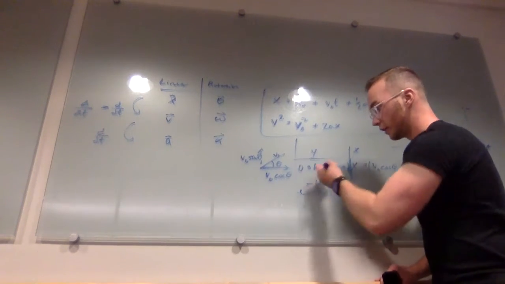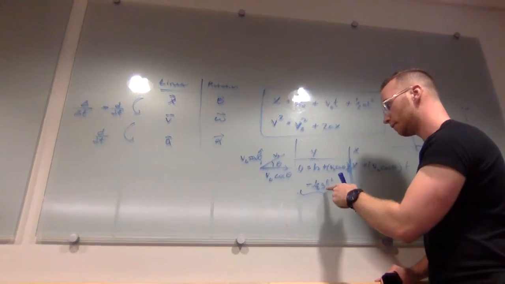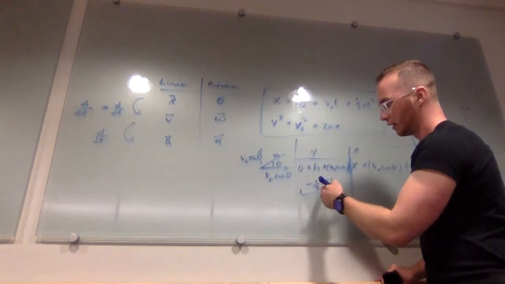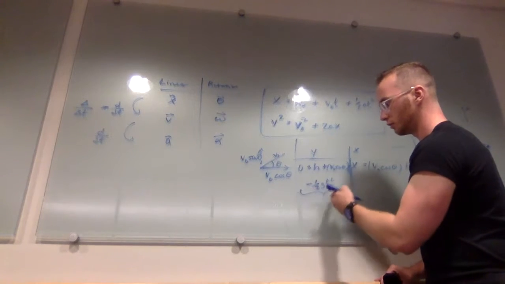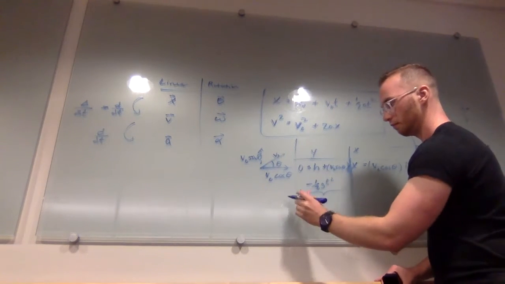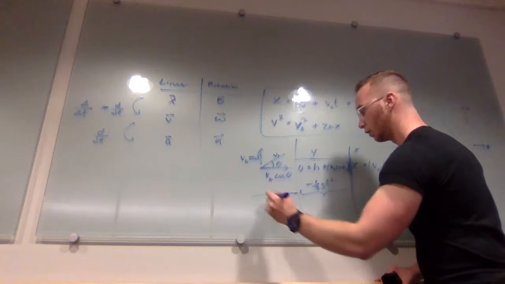But if it already is in the right form, I guess, right? Well, let's just divide everything by minus 1/2 g to make the coefficient on the biggest term 1.